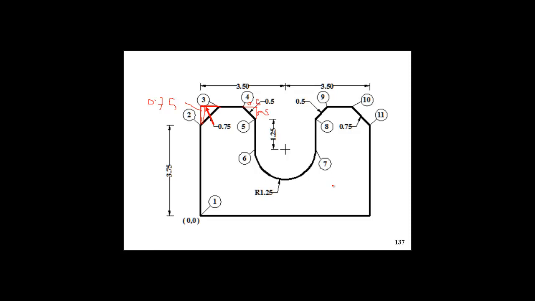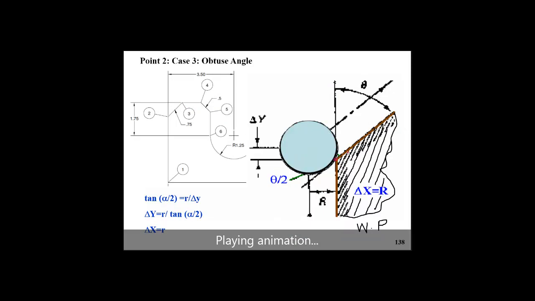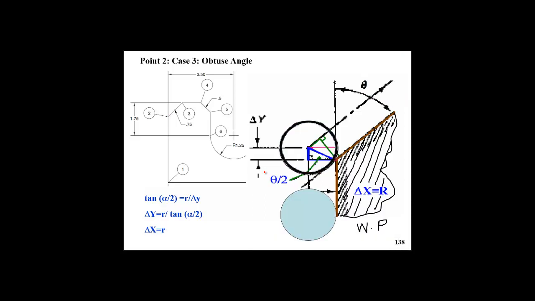So that point 2 is very similar to case 3 as we mentioned before. It will be something like that. This is the situation. This is the location of the cutter. It should come here. This is the root of the cutter, to avoid that wrong cut in the workpiece, and you have to solve that triangle below as we did before when you deal with that point number 2.